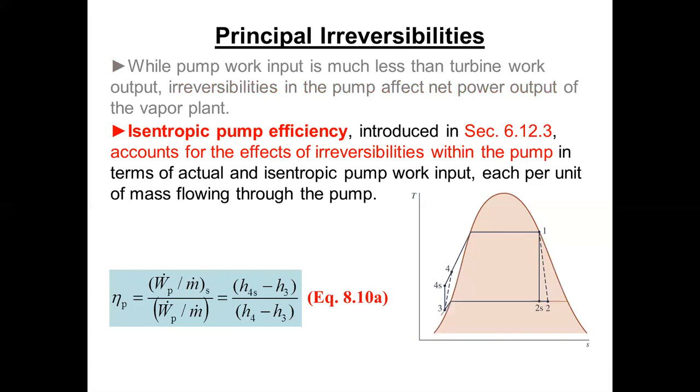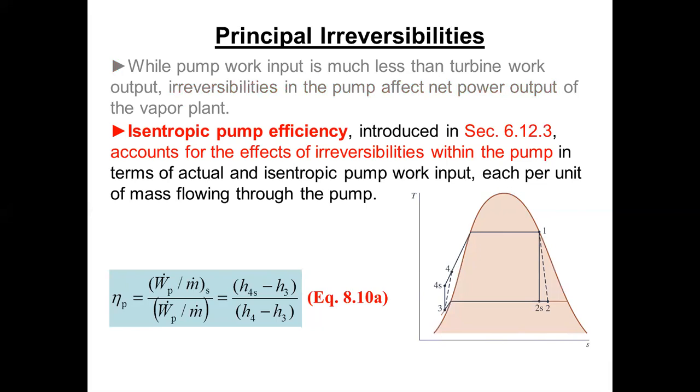that the ideal pump is on top in the isentropic efficiency of the pump definition, and the real pump is in the denominator because it's an efficiency, and this typically runs from 0 to 1. A pump has work input to it.